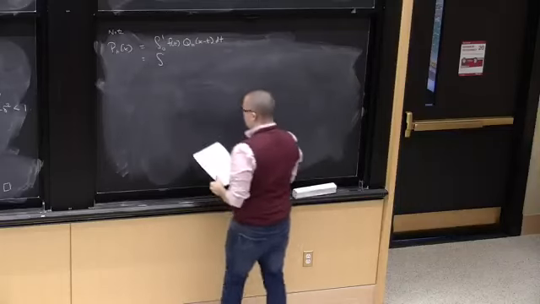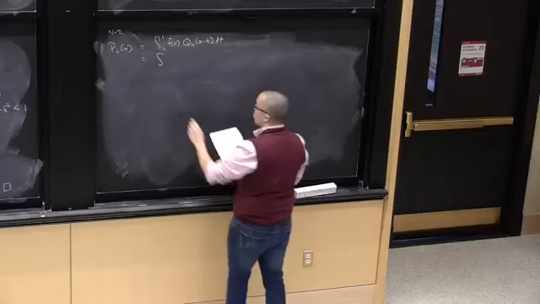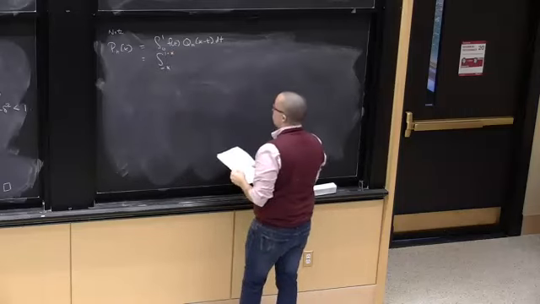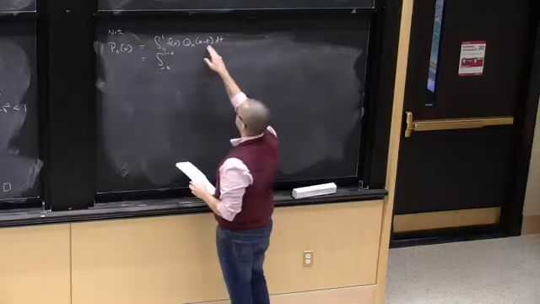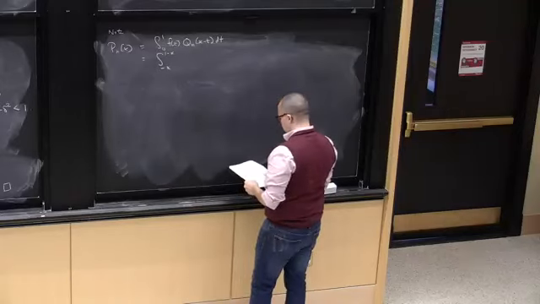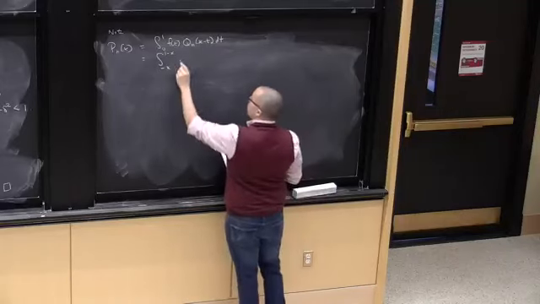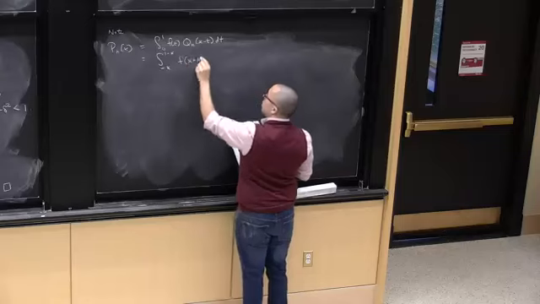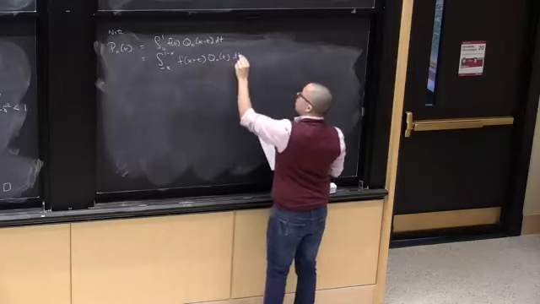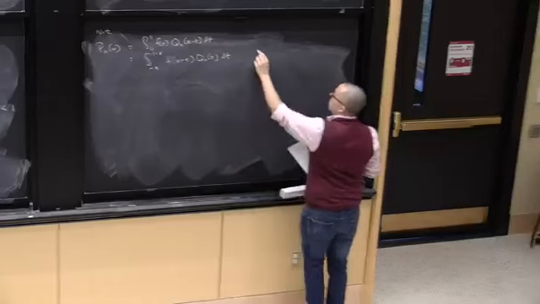Now we change variables: we do a u substitution where u is equal to x minus t, and then I change the dt. So what I did here was a change of variables.